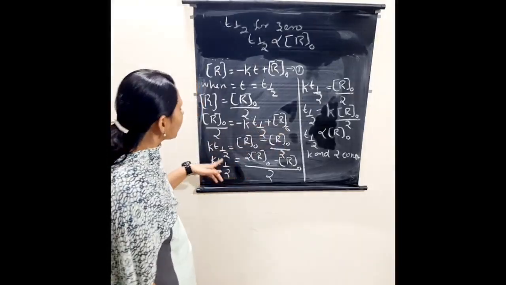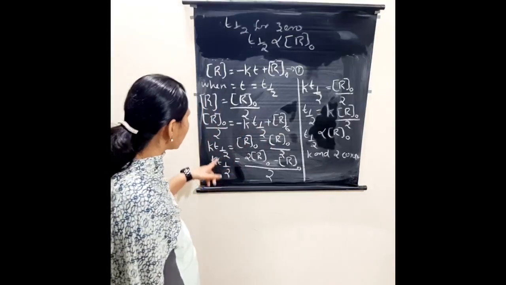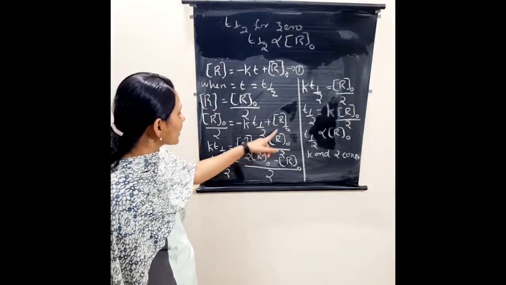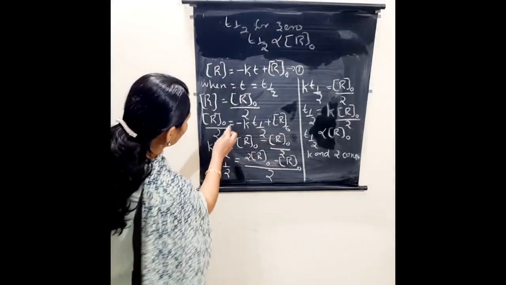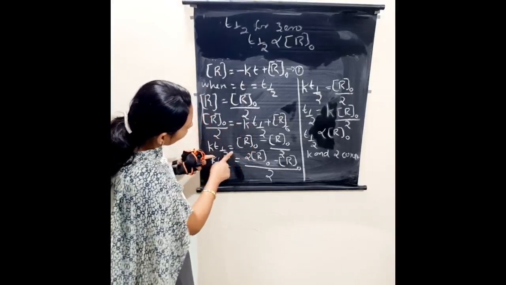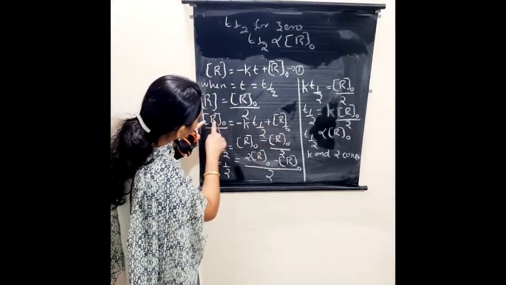Clear? Just rearranging this equation, nothing more. We take KT half to this side, so KT half equal to R0 minus R0 by 2.